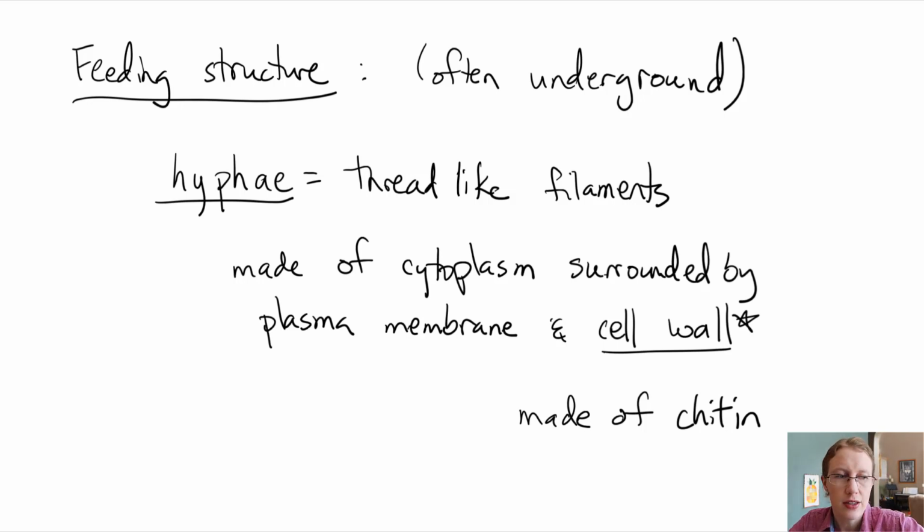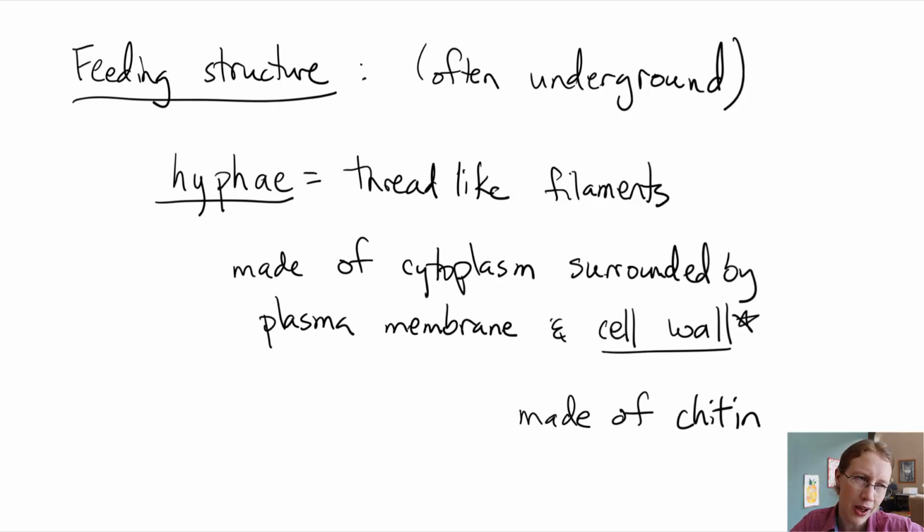Chitin is the polysaccharide that makes up the walls of fungi, but it's also present in a lot of bug exoskeletons. So think of beetles, what is their shell made of? That protective shell has a lot of chitin in it as well. This is kind of a strange thought, right?